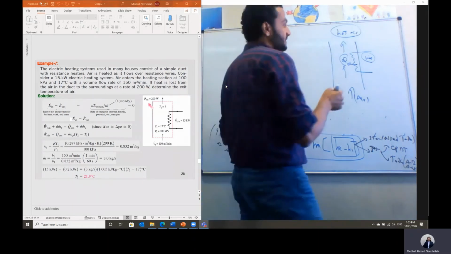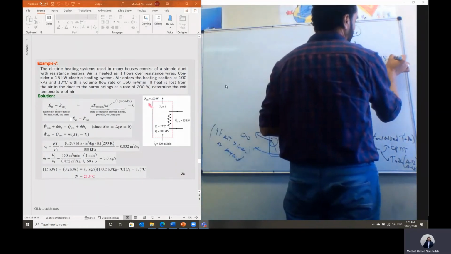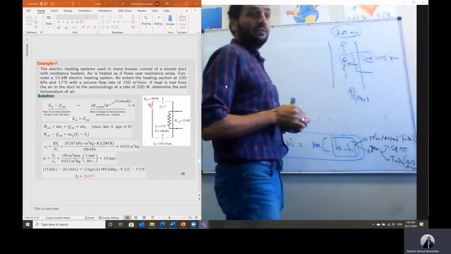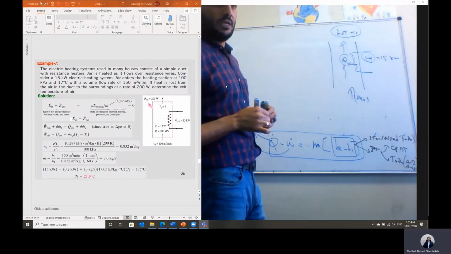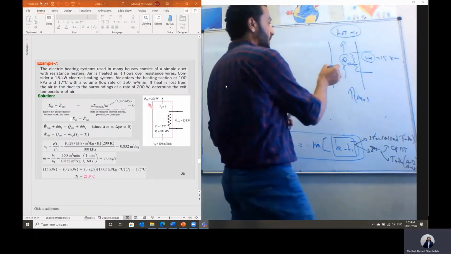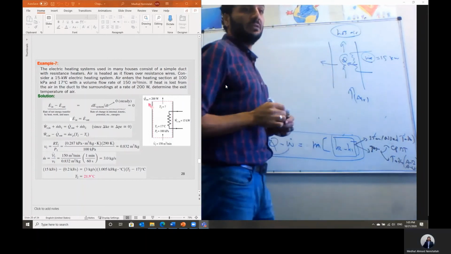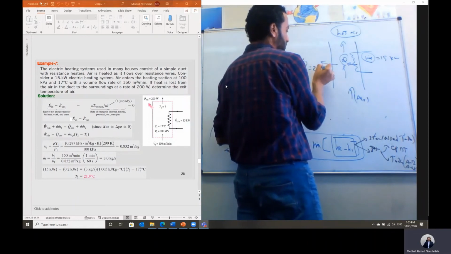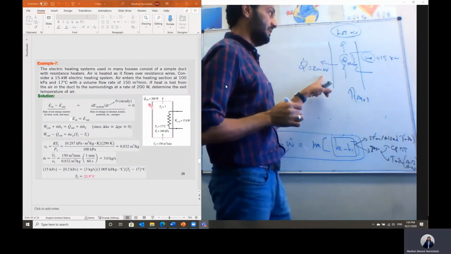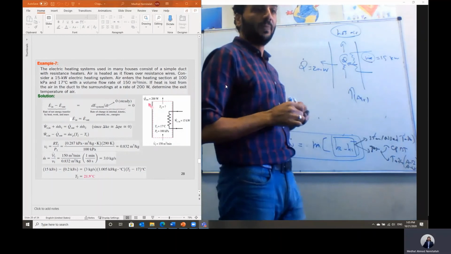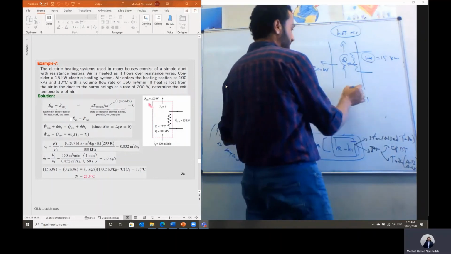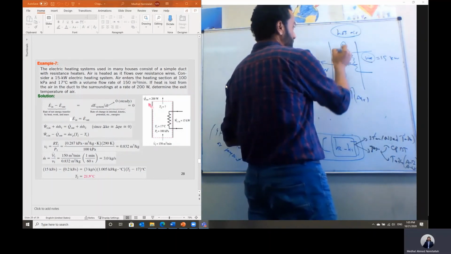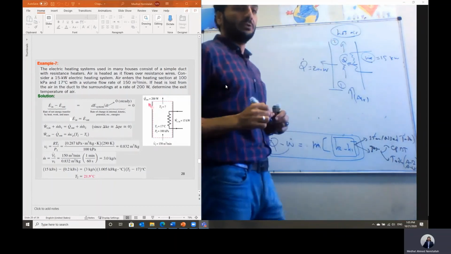He said we have electrical power input equal to 15 kilowatts. We also have heat that is lost to the surroundings through the wire, so Q dot is equal to 200 watts. This is watt, this is kilowatt. Okay. He gives the inlet condition of the air, so let's say this is cross section 1 and this is cross section 2.